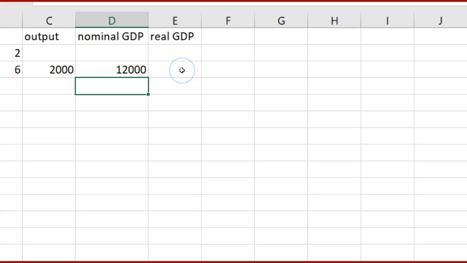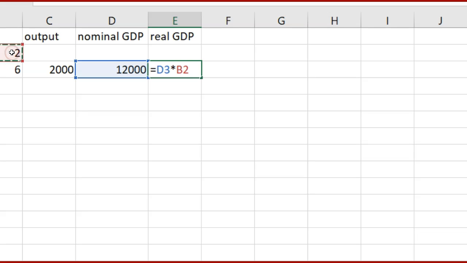Okay, now calculating real GDP. So that was the tricky one. That's going to be nominal GDP, which we've just calculated, multiplied by the price in the base year divided by the price in the current year.